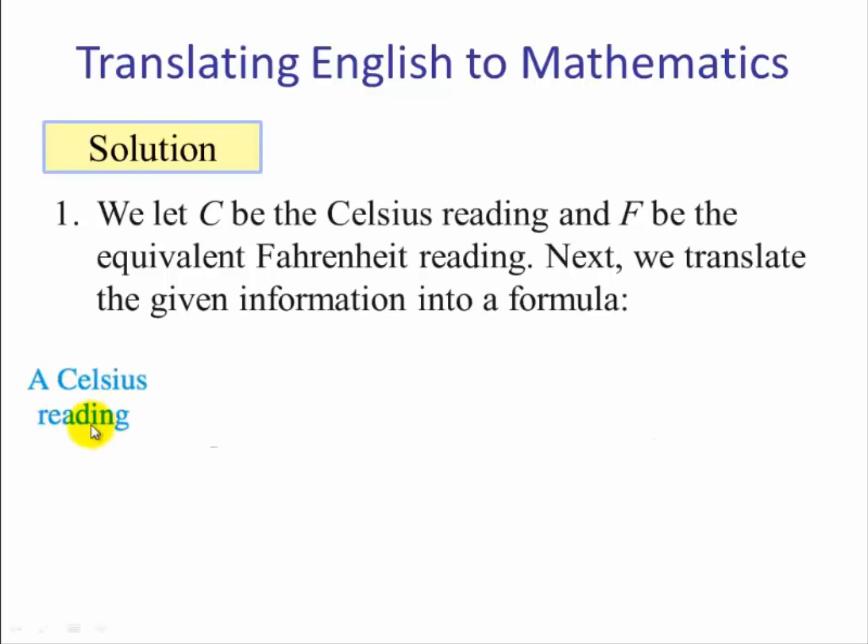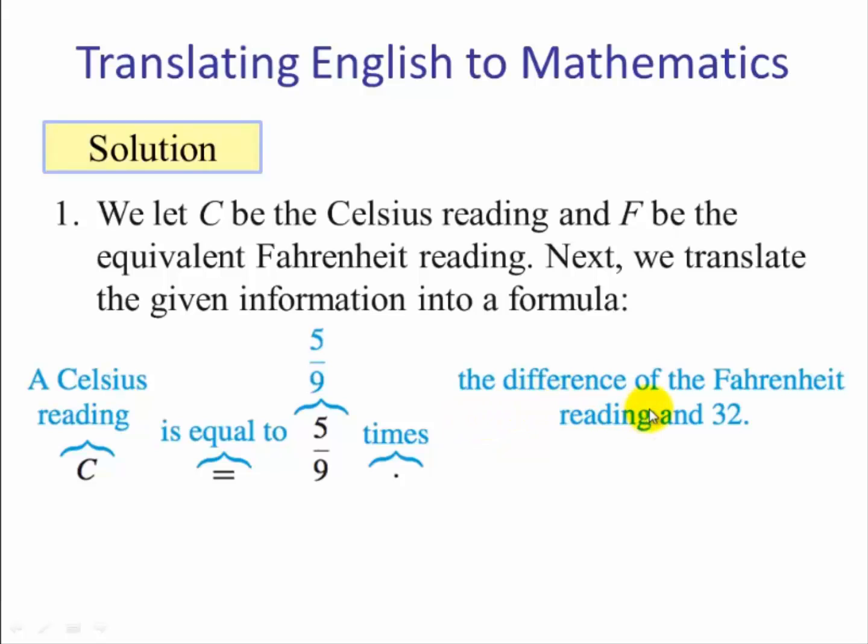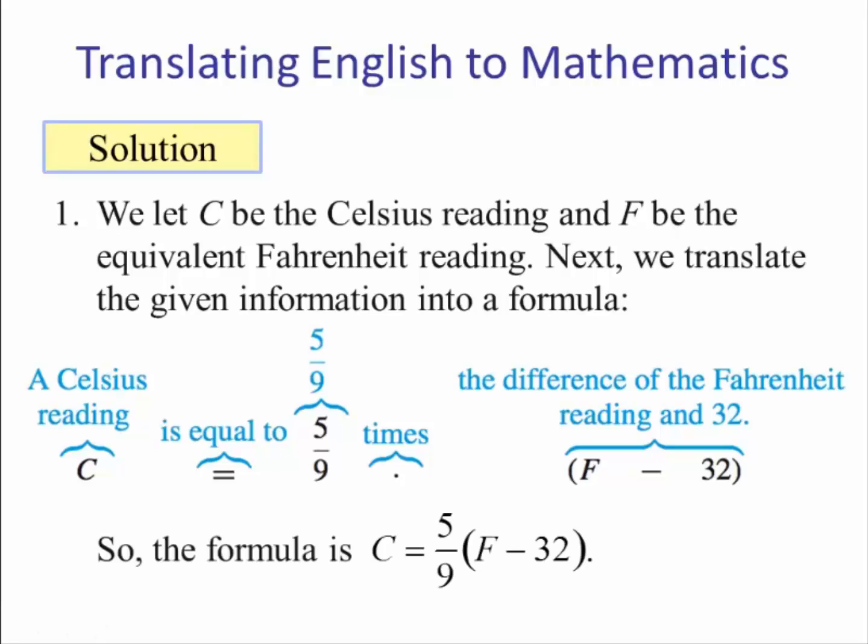A Celsius reading, denoted C, is equal to, means equals, 5/9 times, which means multiplication, the difference of the Fahrenheit reading and 32. Difference means we subtract, so that is the quantity F minus 32. So we have our equation: C equals 5/9 times the quantity F minus 32.